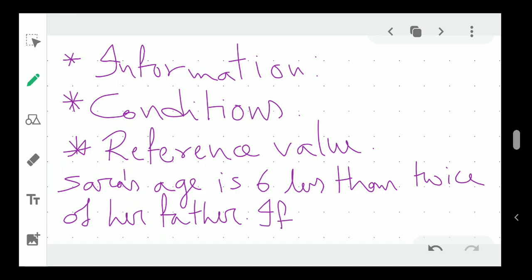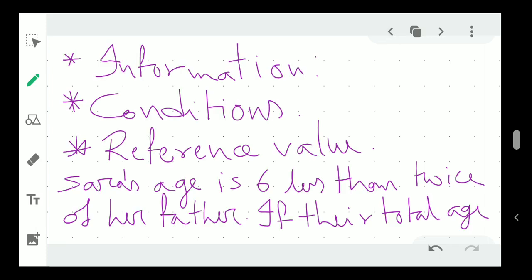If their total age is, wait, let me also think once. 6 less than twice, okay.